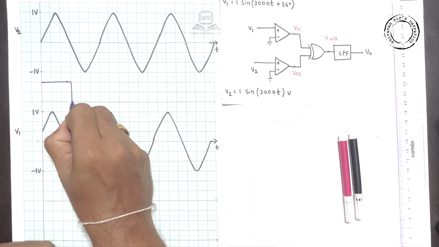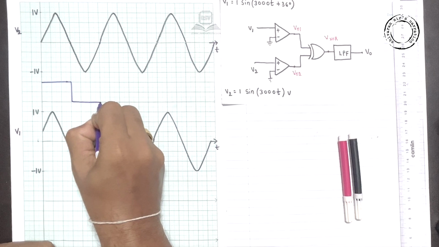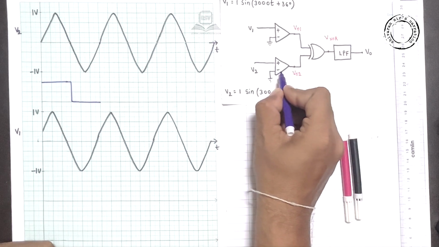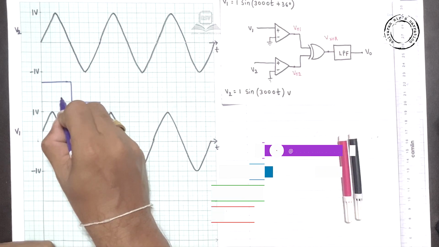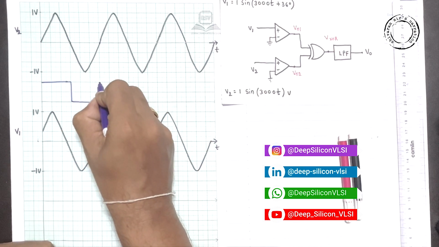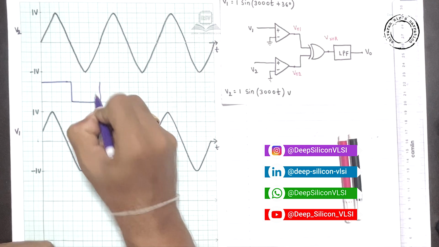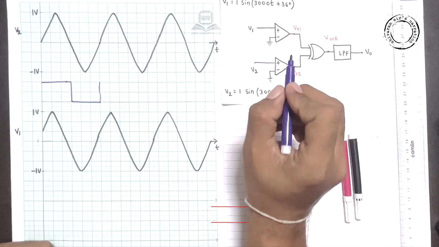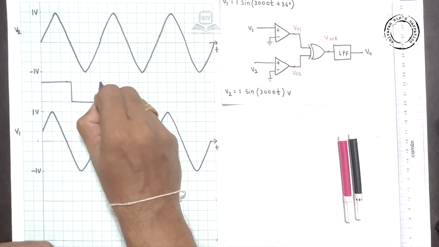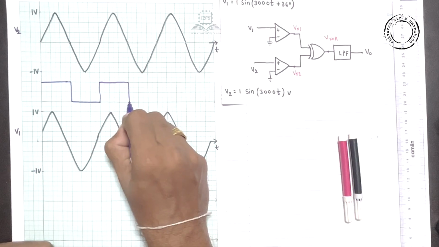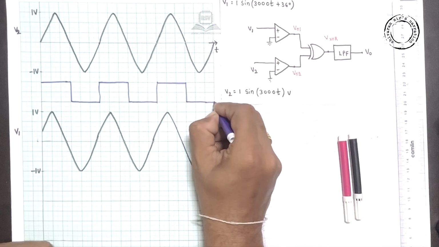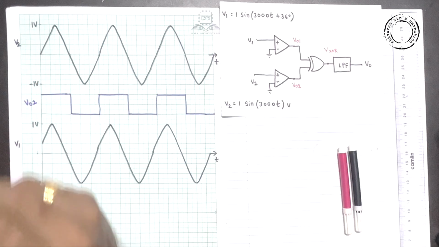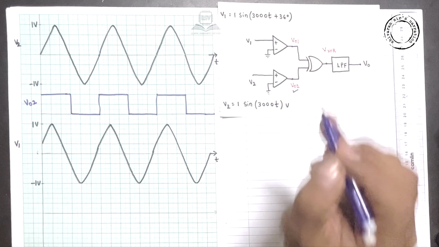Therefore, the output is 0. In a similar way, guys, as per the connections, if V2 is in the positive half cycle, the output is 5 volts, and if V2 is in the negative half cycle, VO2 is 0. Now let me draw. Yes, this is VO2. This one is completed.